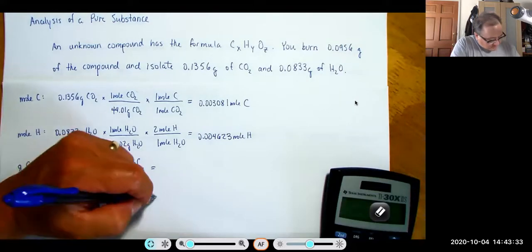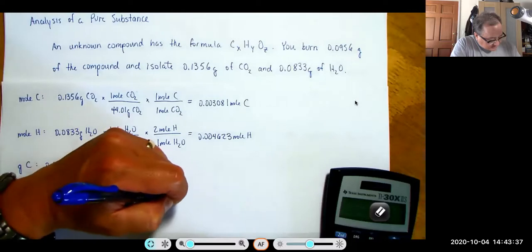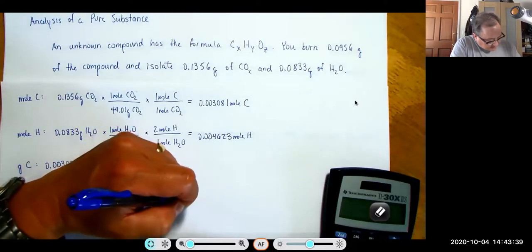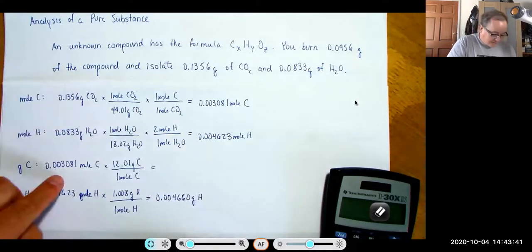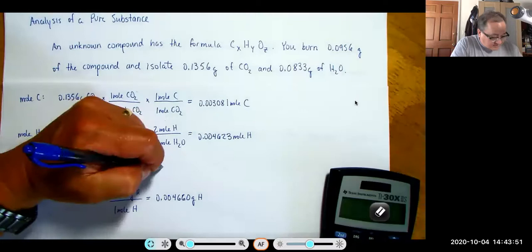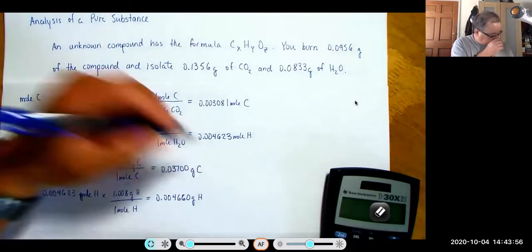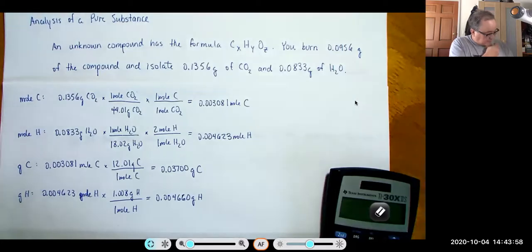Here we get 0.004660 grams of hydrogen. And here we get 0.003081 times 12.01. We get 0.03700 grams of carbon. And that seems about right for both of these to me.